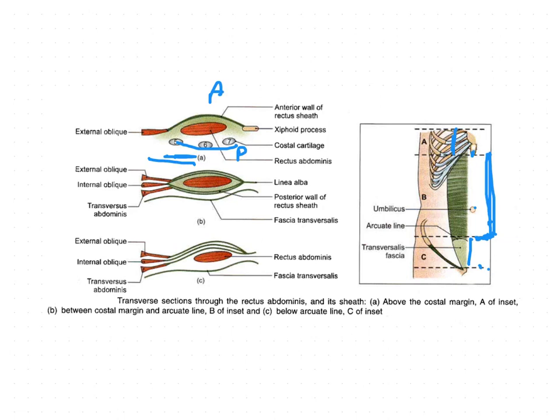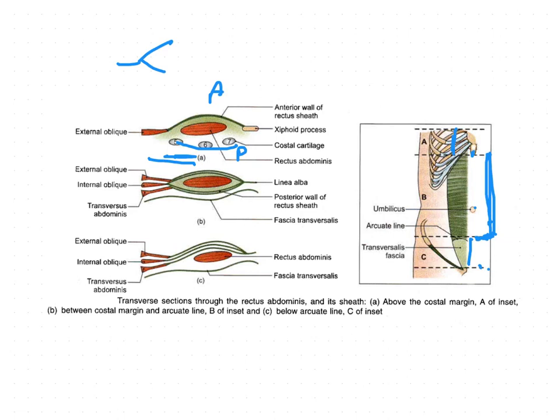The anterior wall is formed by the fusion of the external oblique aponeurosis, and here is another important thing: the internal oblique aponeurosis is divided into anterior lamellae and posterior lamellae.